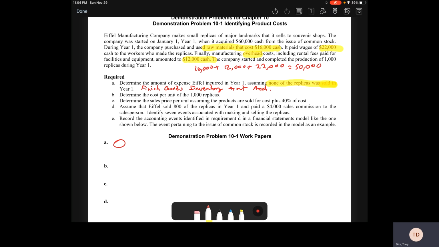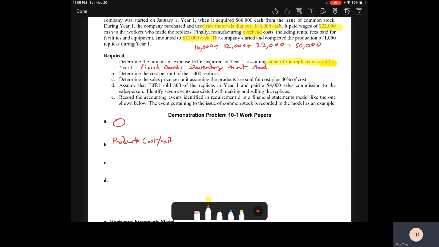So next it says, determine the cost per unit of the 1,000 replicas. Well, we just need to look at our product cost and divide it by the number of units, to get the product cost per unit. So we know that our product cost is the raw materials plus the direct labor plus our overhead.